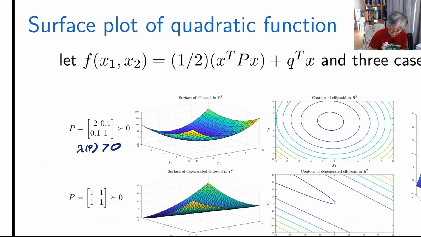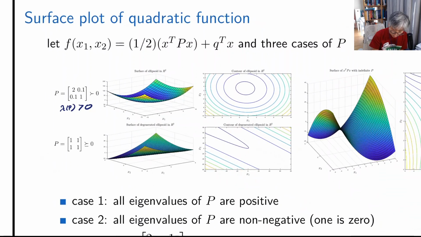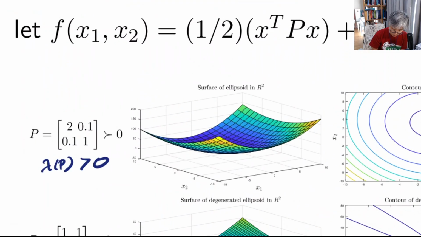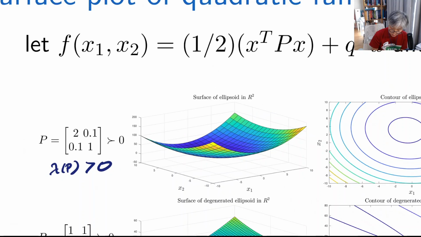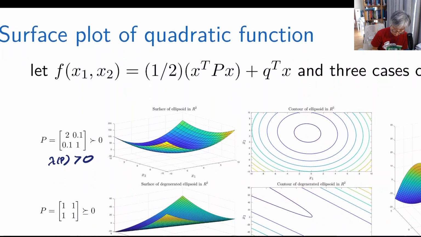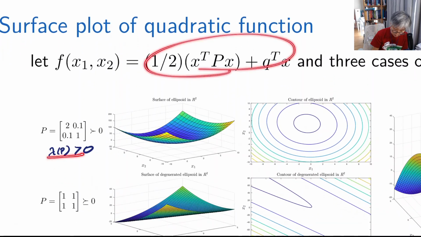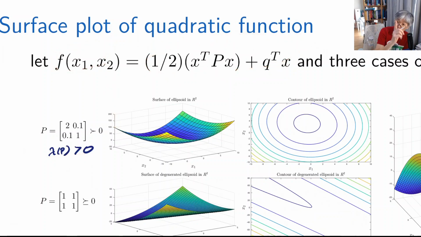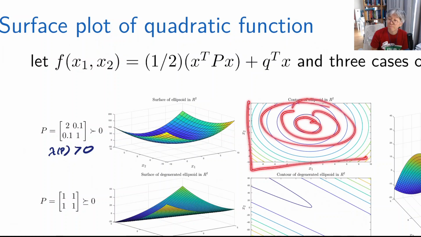When I plot the surface, because my variables are x1 and x2, I enumerate all points in the grid of x1 and x2 and use this P to calculate this function. The function value is on the vertical axis. It looks like a bowl, with an upward shape, and if I plot a contour, it's going to be an ellipsoid.